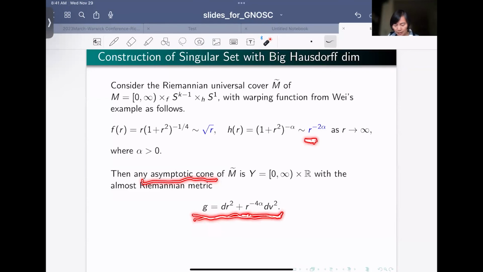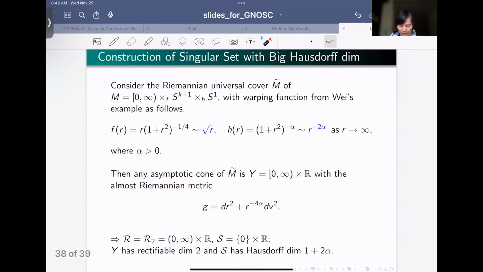Okay, once you have this metric, as we said, then you can define the scale function and define the distance and the regular set. Basically, it follows quickly that the singular set has Hausdorff dimension 1 plus 2 alpha in this case. So that's a very, very quick sketch of the idea. Okay, I think maybe.